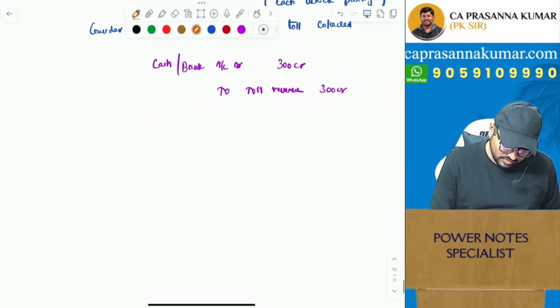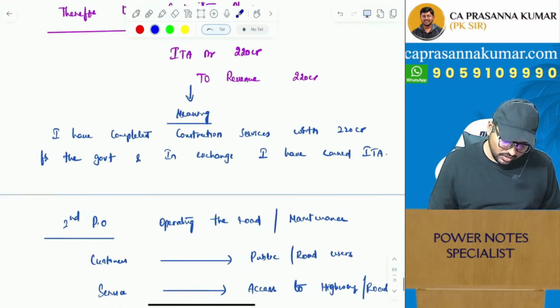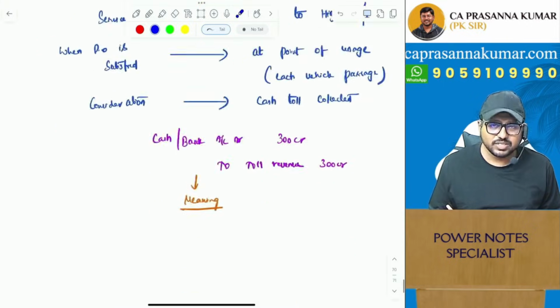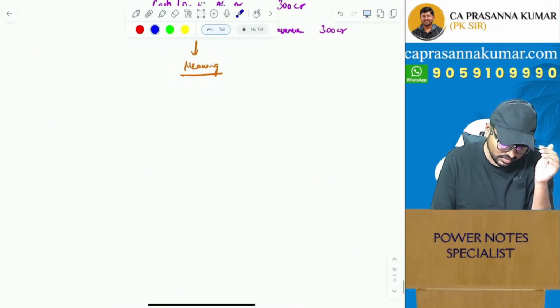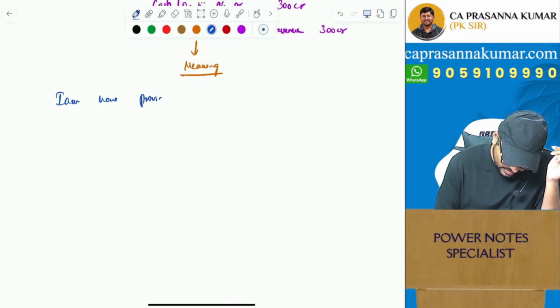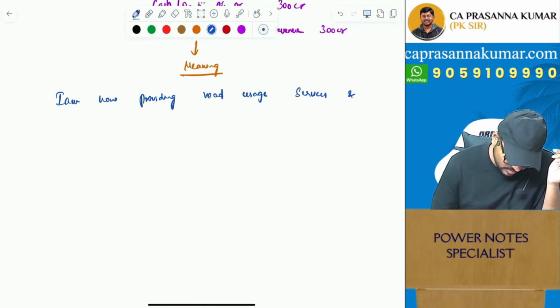So what is the meaning of this entry? The meaning of this is I've completed construction services worth 220 CR for the government, and in exchange I've received the non-cash consideration, which is the intangible asset. Here what is the situation? I am now providing road services and users are nothing but my customers paying me for that service.